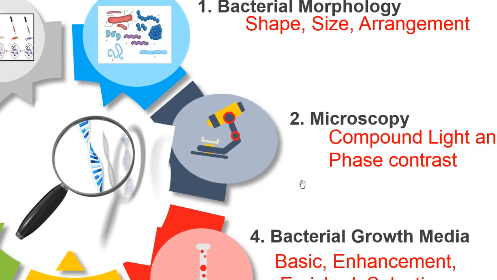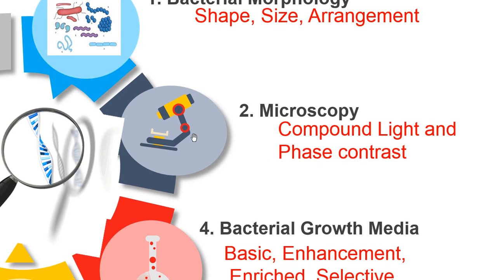The very common microscope that we use in our routine microbiology labs is called a compound microscope. What is a compound microscope? Compound microscopes are based on two systems of lenses. One system of lenses is close to your eyes, that's why we call it the eyepiece, while the other system of lenses is close to the object we are going to observe. That's why it is also called the objective lens.